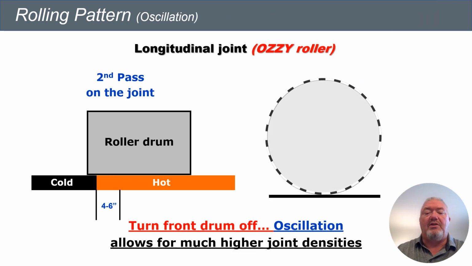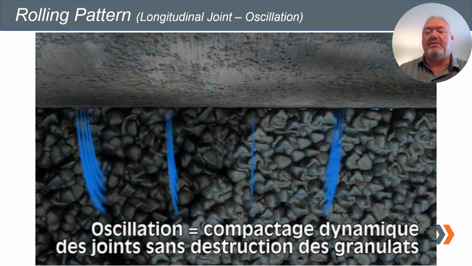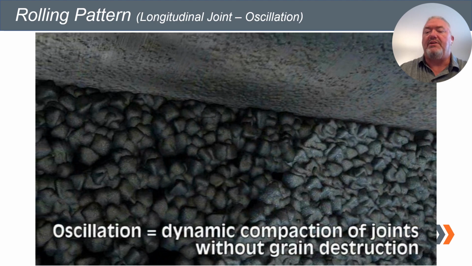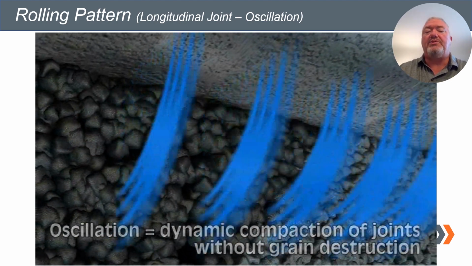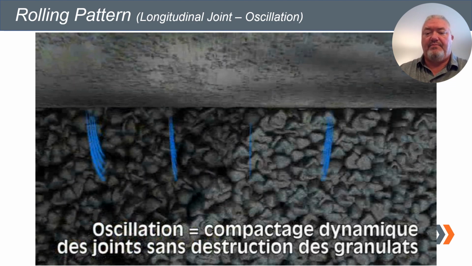It's skipping across the surface back and forth, and it's not going to destroy it. What it does is knead that material into that cold joint without destroying the cold side because it's not crushing any rock. We're still going to have a little pressure on that outside edge, but nothing like we would if we were using vibration.